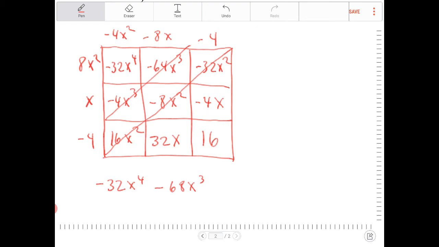So it's negative 40 plus 16. So that's going to be minus 24 x squared. Combine all the x's together. So I have positive 28 x and plus 16. And there you go.